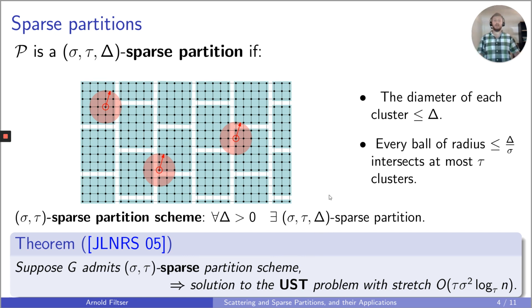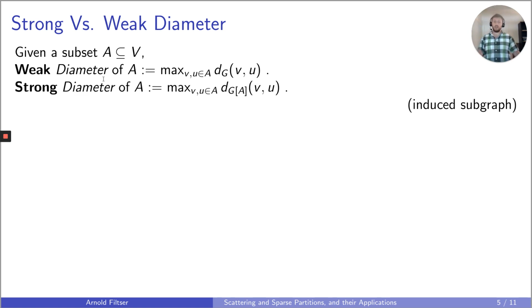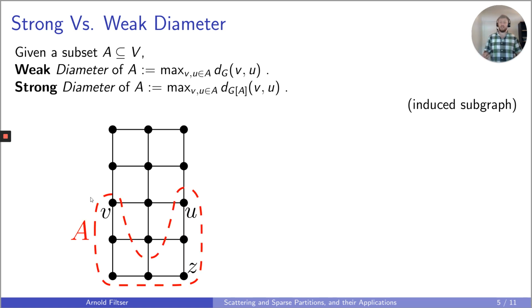Okay, so yeah, note that I say diameter here, but actually it's not very well defined. There are two types of diameter people usually talk about. First there's the weak diameter. Given a cluster A, the weak diameter of A is the maximal distance in the original graph between two vertices in A. And the strong diameter is the same, but instead you look at the induced subgraph of A, so you look at the maximal distance between two vertices in the induced subgraph. For example, consider this cluster A here.